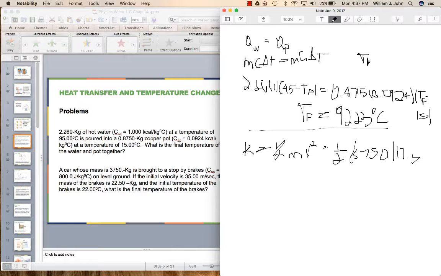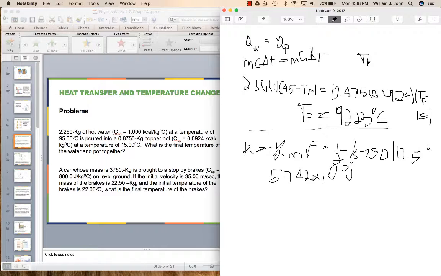And that's going to be the total kinetic energy that this car has to lose. And if you do the calculation, and again, I'm not going to show you all of that, you get 5.742 times 10 to the 5th. So that's the total amount of kinetic energy in joules that the car loses by stopping.